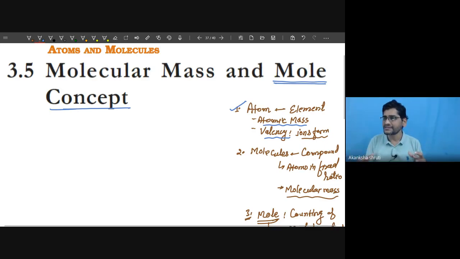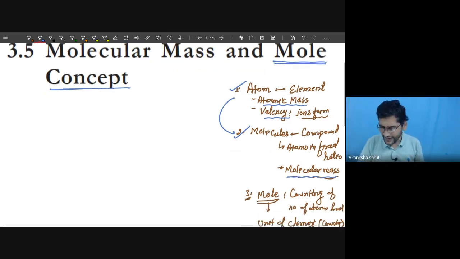And these ions or combining capacity decide that these atoms combine together to form molecules. The types of molecules, like molecules of elements and molecules of compounds, we have learned. Now this molecule also possesses the characteristic of mass, because matter always possesses some mass. So what is this molecular mass and how it is determined, that we will learn today.